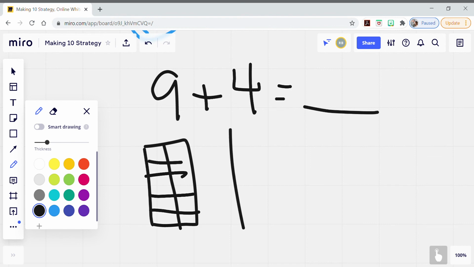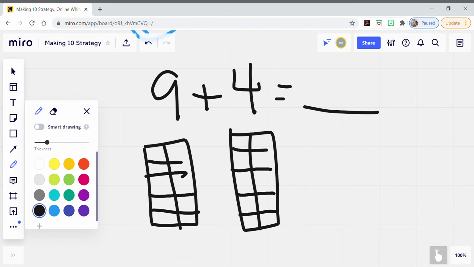I have 2 tens frames. Alright, so over here I'm going to do my 9. Oops. Make sure we fill in this left column first. That way it's easier for students to see. So I've got 9 right there, and then I've got my 4 right here.